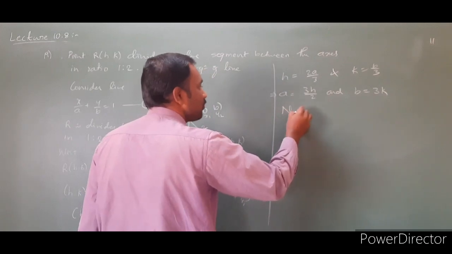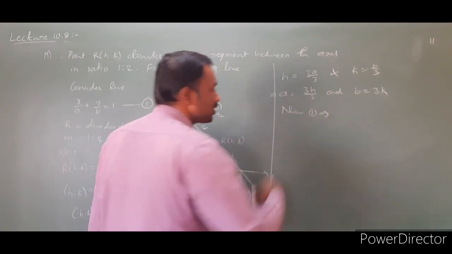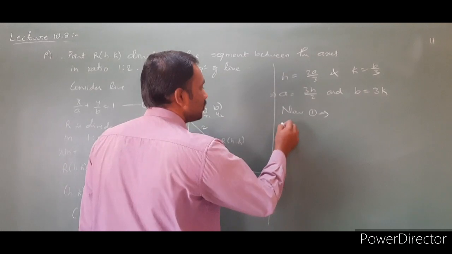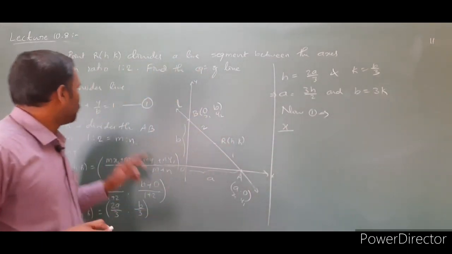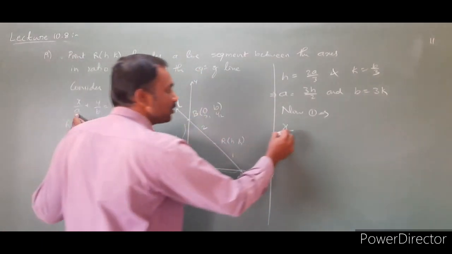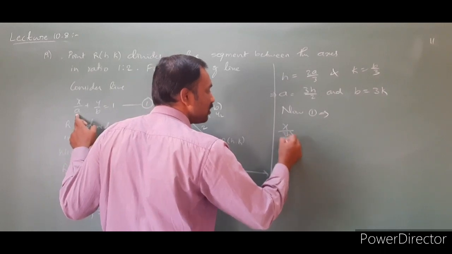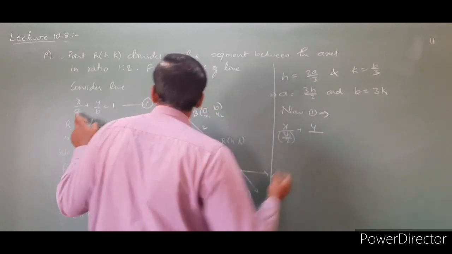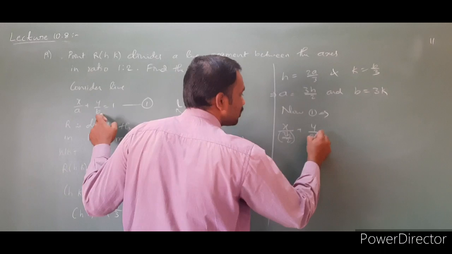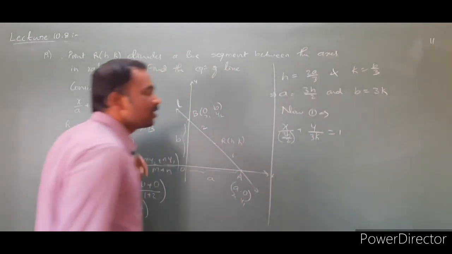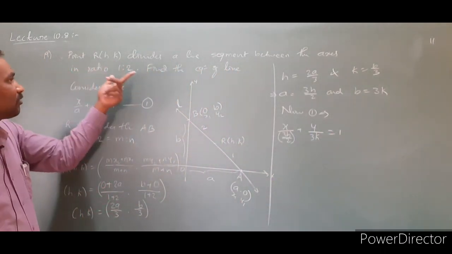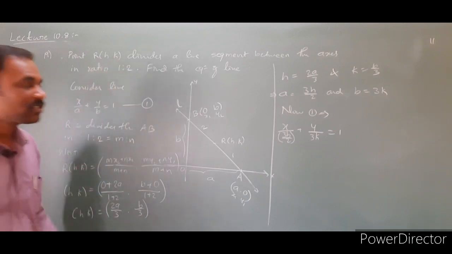So now equation number 1 implies, what is equation number 1? x divided by the a value, what is the a value? 3h by 2, replace it, x divided by 3h by 2, plus y divided by the b value, what is the b value? 3k, is equal to how much? 1. So we got the required equation of the line in terms of h and k.